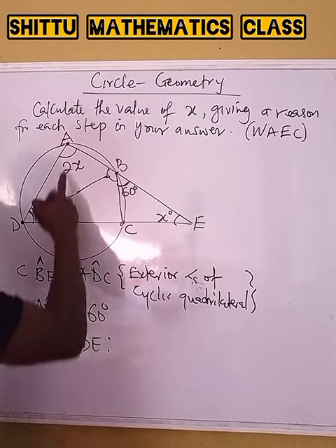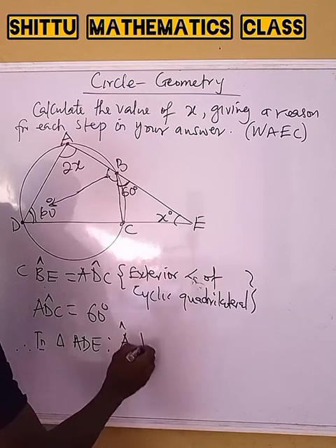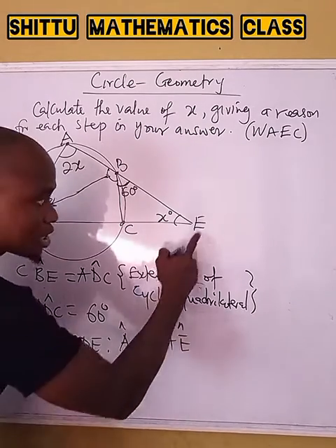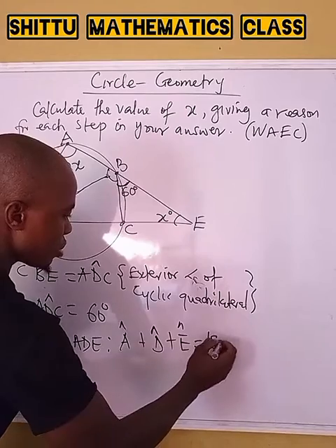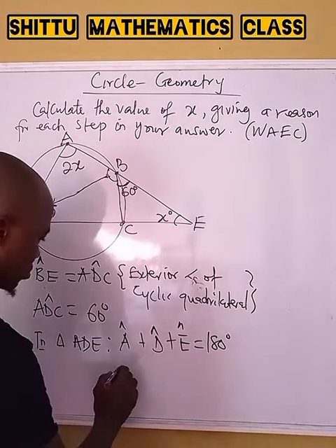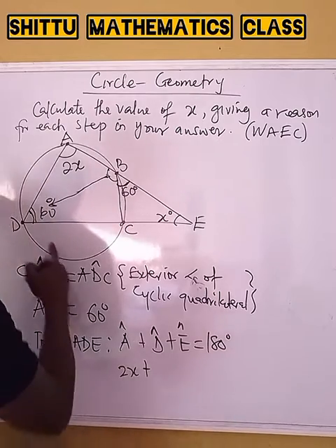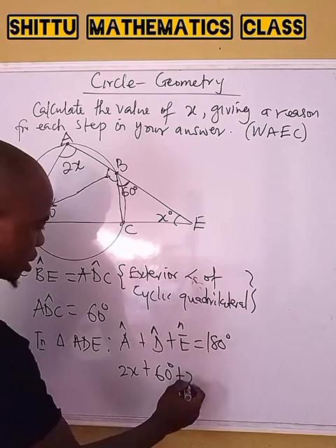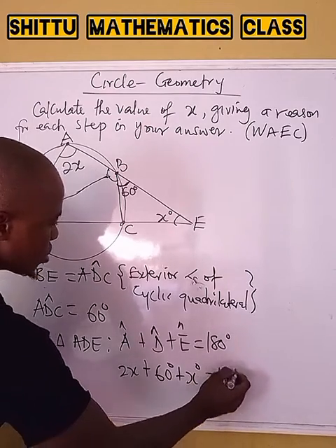A plus D plus E must equal 180 degrees. A is 2x, D is 60 degrees, and E is x, so 2x plus 60 degrees plus x equals 180 degrees.